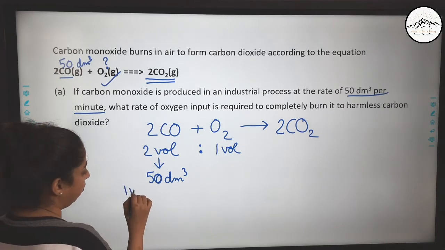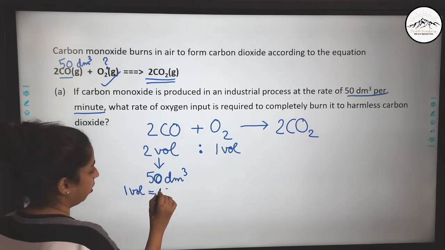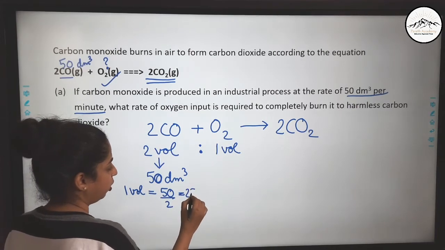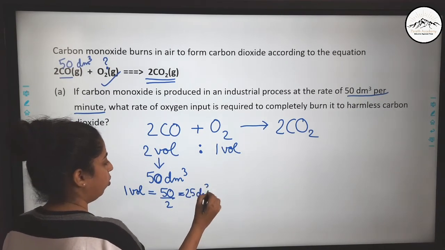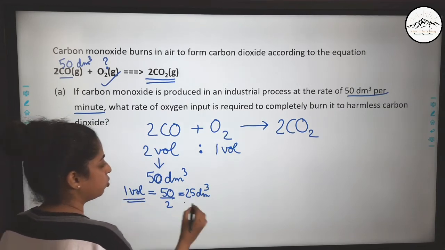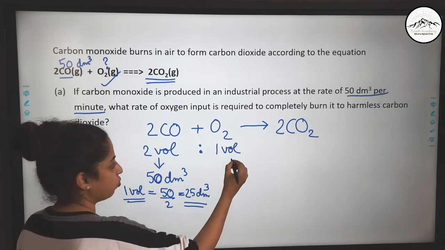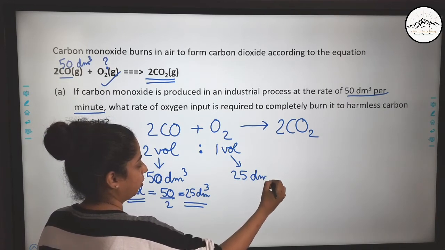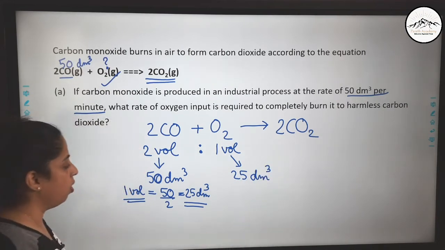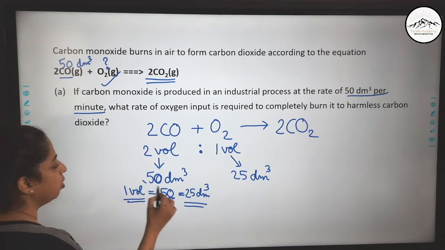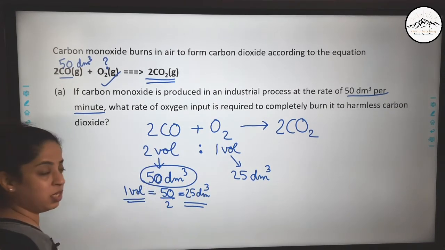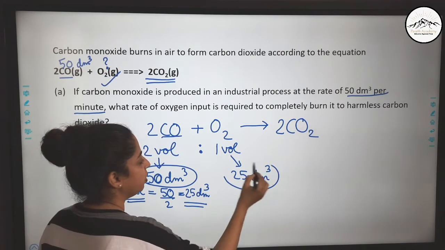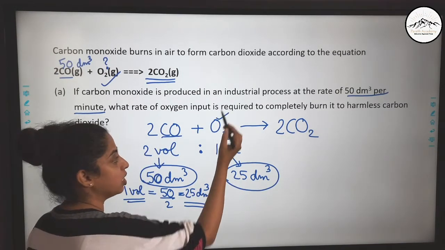It means 1 volume will correspond to 50 divided by 2, which is 25 decimeter cube. So now we know 1 volume is 25 decimeter cube, and here it is 1 volume, so it will be 25 decimeter cube. So for reaction of 50 decimeter cube carbon monoxide, 25 decimeter cube of oxygen is required.